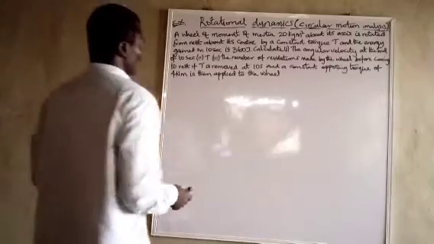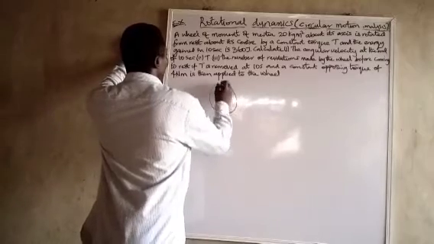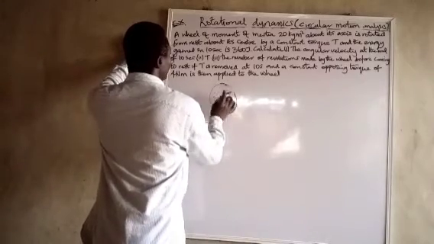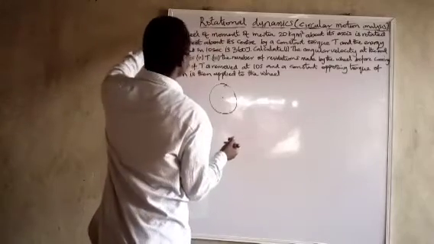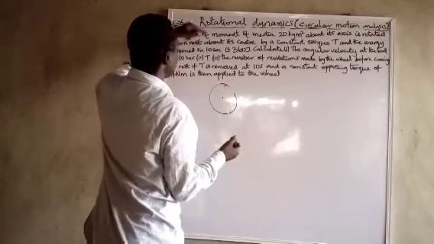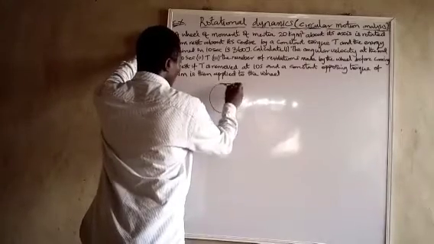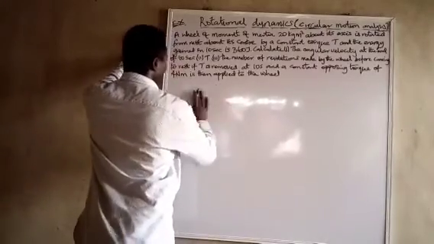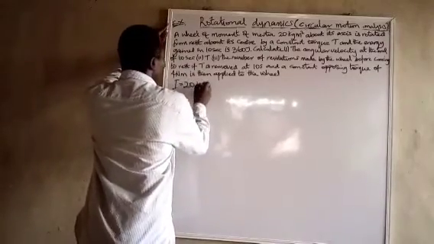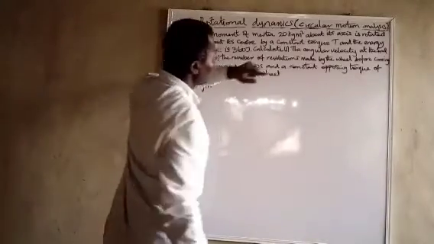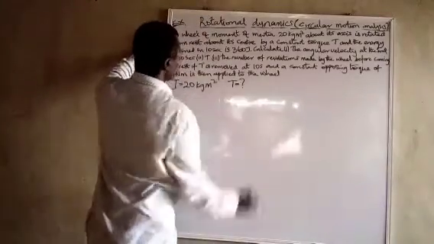Now, we have a wheel like this, and we are told that it has moment of inertia 20 about its axis, rotated from rest about its center by constant torque T. So we have T, torque. Our moment of inertia I is equal to 20 kilogram meter squared, and T is unknown.